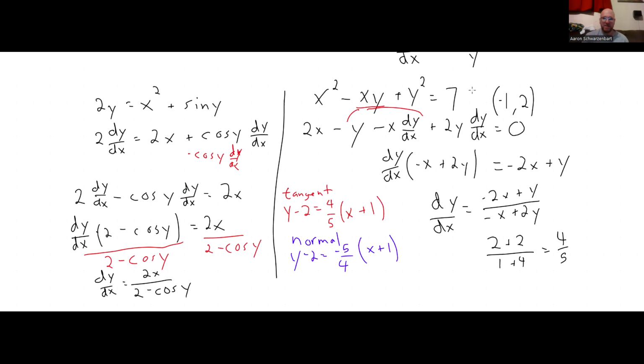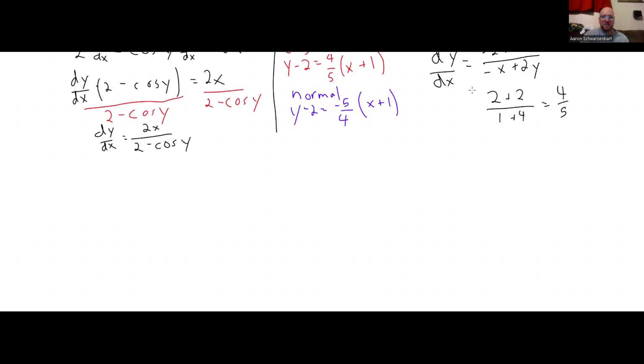Last thing we are doing is example 5, in which we're going to do a second derivative. This is going to take a little bit longer. So we are given this equation. Oh, that needs to be a 3.